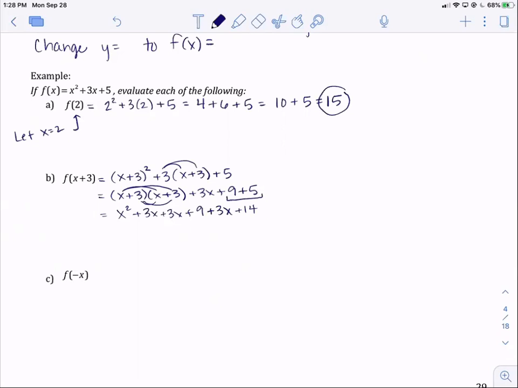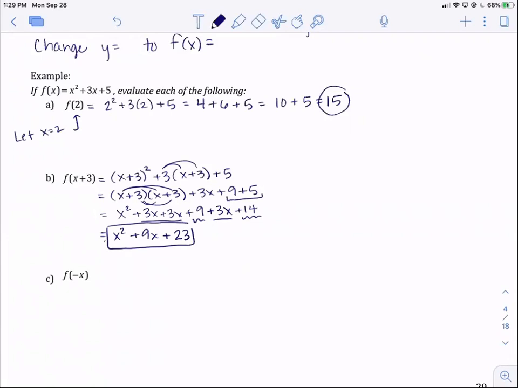X squared can't be combined with anything. But what's 3x plus 3x plus another 3x? Good. 9x. And then 9 plus 14? 23. So x squared plus 9x plus 23. We don't need to do anything else to it. We don't need to solve for it. We don't need to factor, quadratic formula, nothing. You're just simplifying.